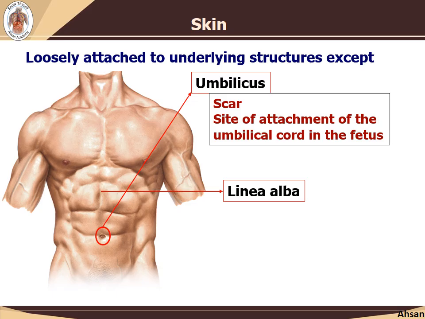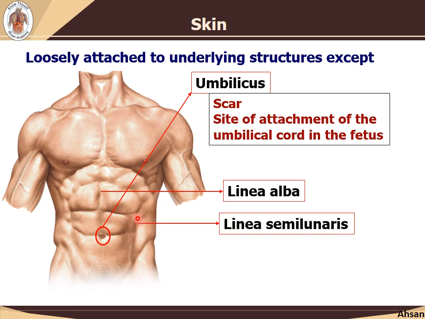In the midline, the skin is tightly adherent to the deeper tissue. It is the linea alba, then the rectus abdominis muscle, and lateral to this is another margin known as the linea semilunaris. In this region the skin is a bit tightly adherent to the underlying soft tissue.